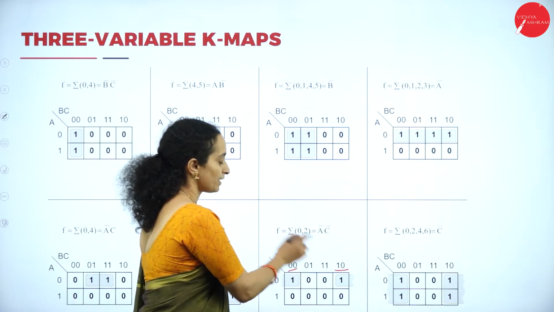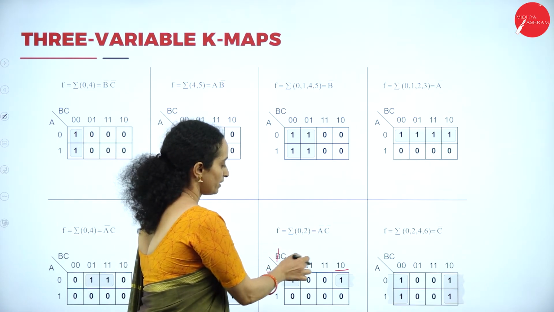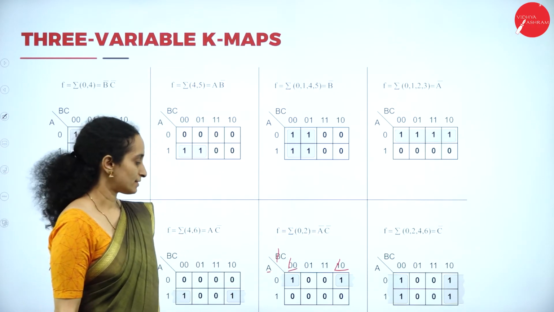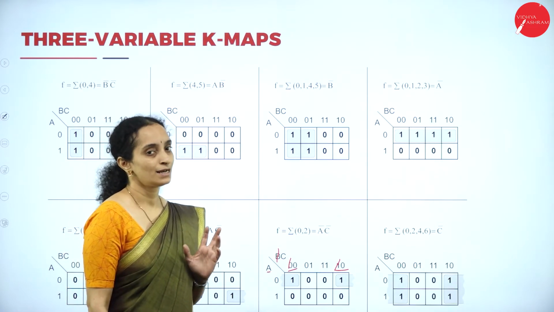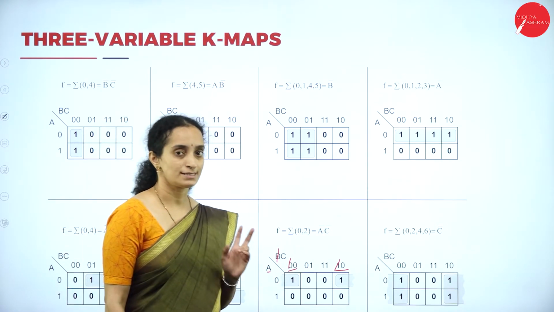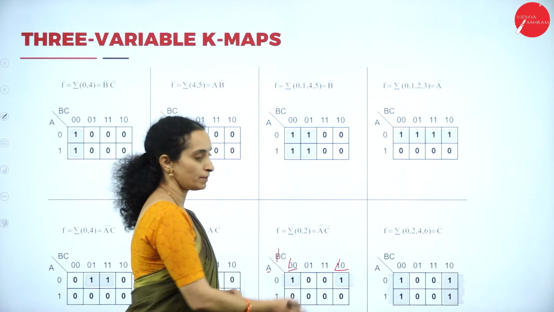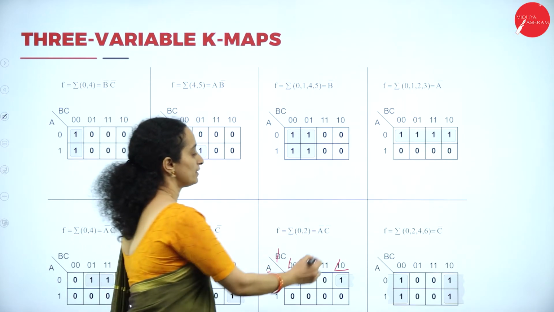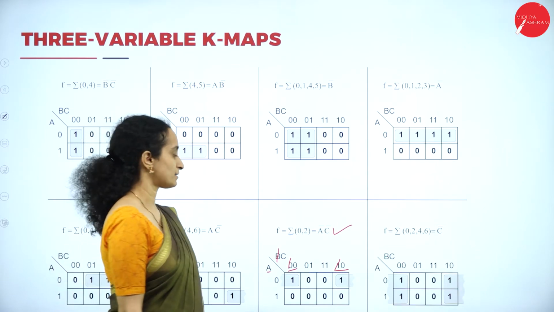When you look at the variable B, it is changing. So, variable B is cancelled. Next remained is the C. C has both the combinations. C has complement form. C will remain. Now, it will be A in complement form and C in complement form. The answer is A dash into C dash.